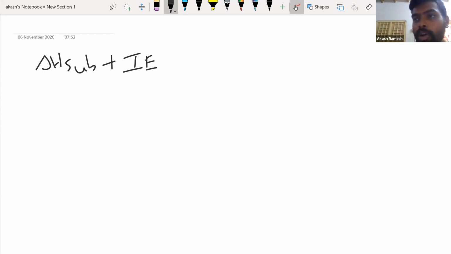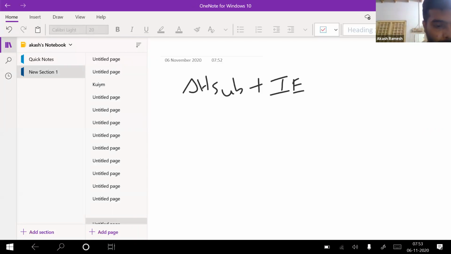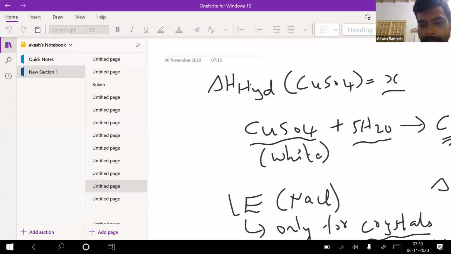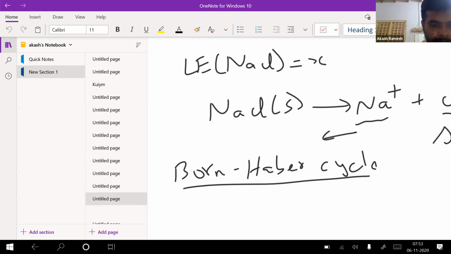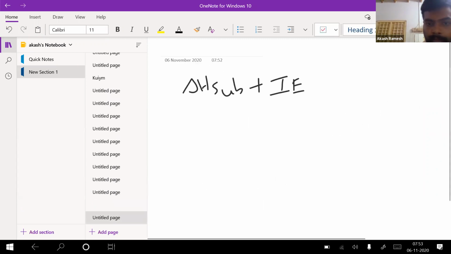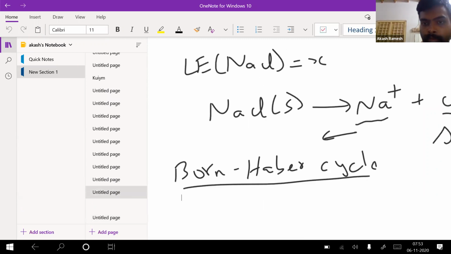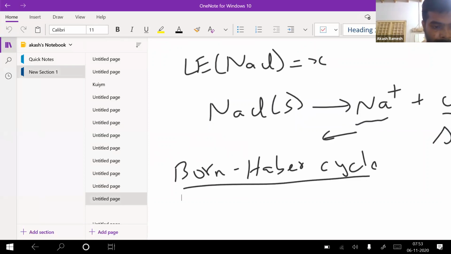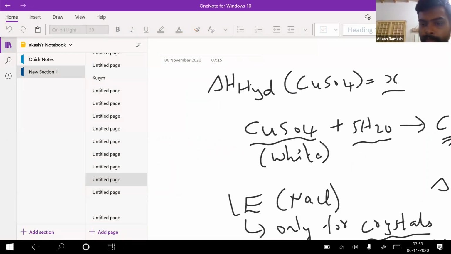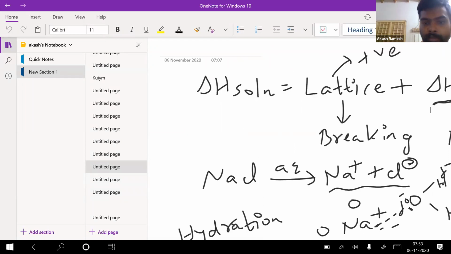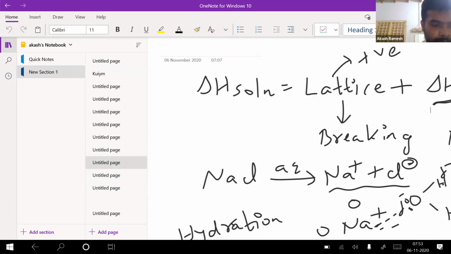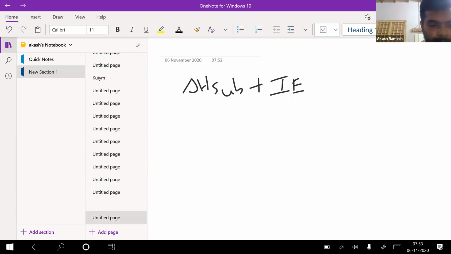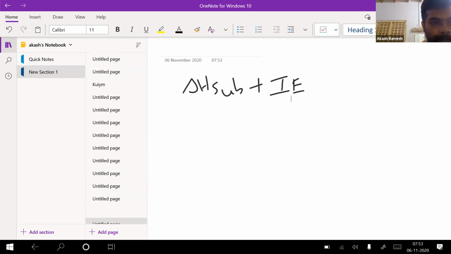I did a small mistake going back to the previous one. This one only, right? What happened? Where is that page? There is one page missing.